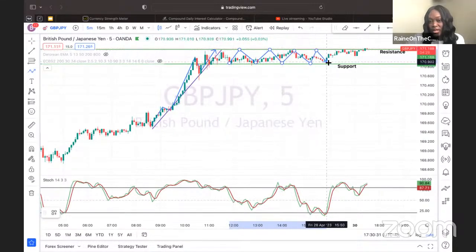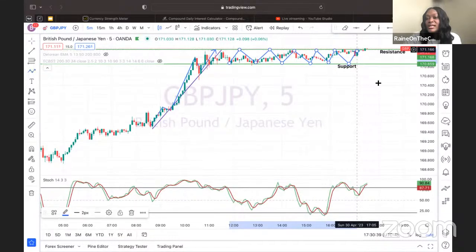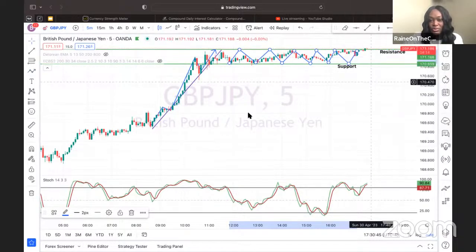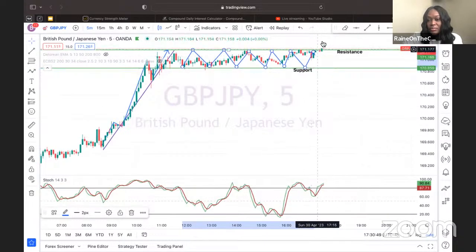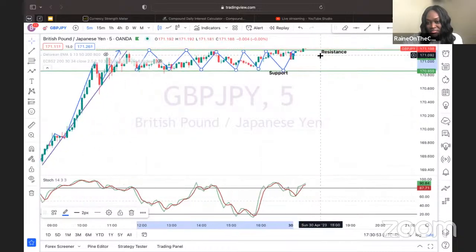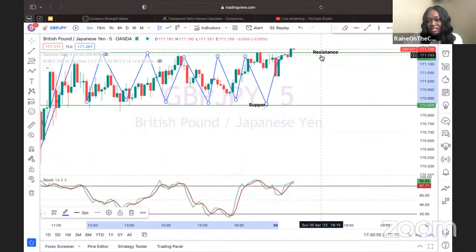Now, there are people who will trade this. So they're going to buy the floor or support, and they will sell the ceiling or resistance. Me personally, I wait for the breakout. I need to see price either break above, which we can see something happening here, right?